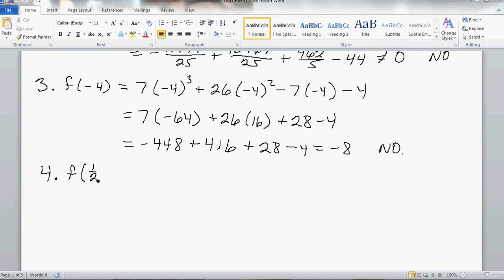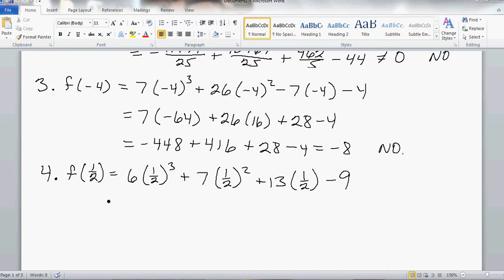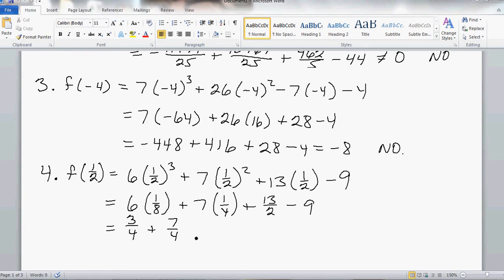F of 1/2 equals 6 times 1/2 cubed plus 7 times 1/2 squared plus 13 times 1/2 minus 9 equals 6 times 1/8 plus 7 times 1/4 plus 13 halves minus 9 equals 3/4 plus 7/4 plus 13 halves minus 9.